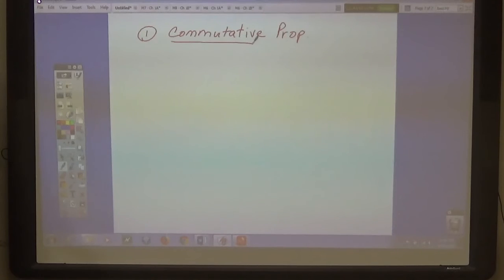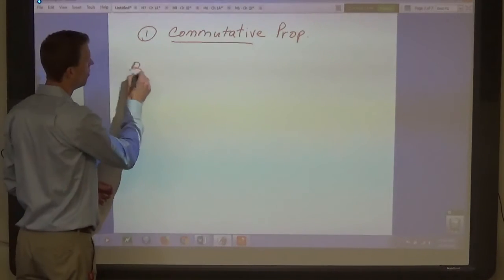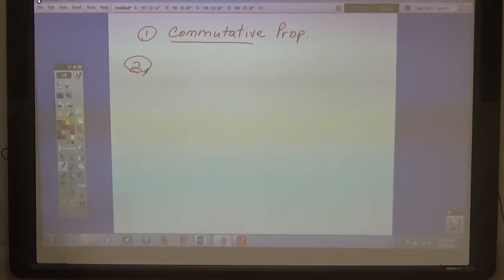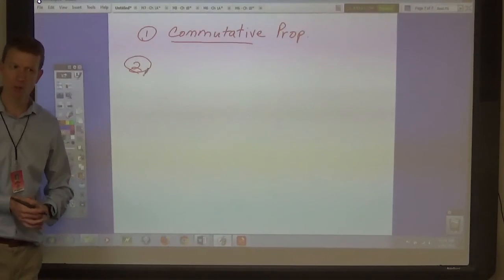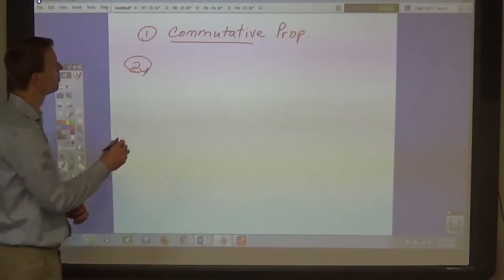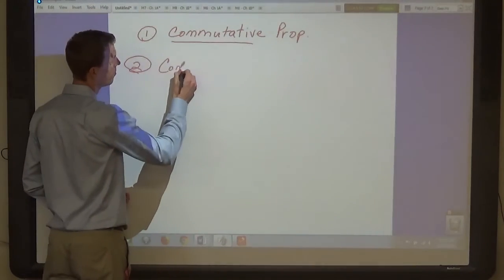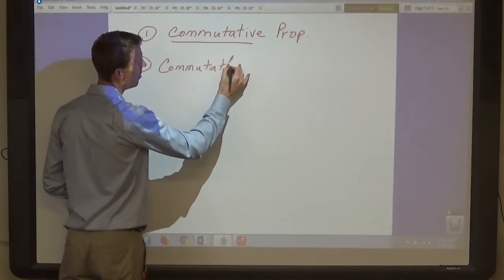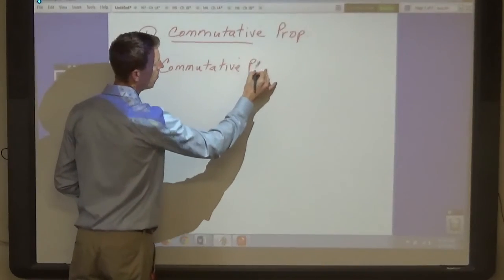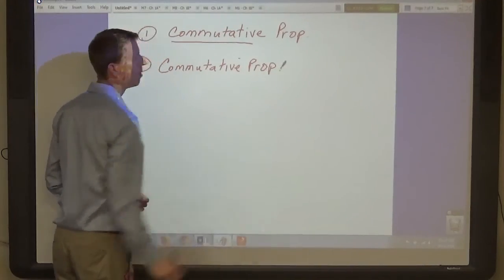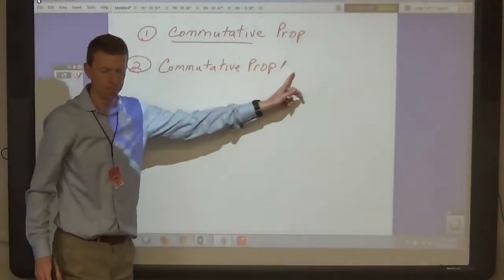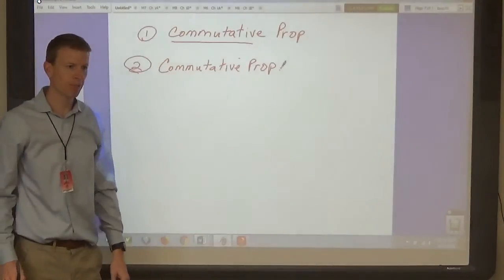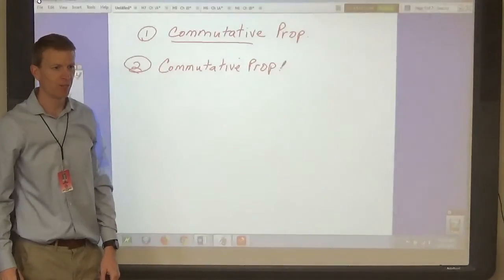So it says name the property shown, number 2. Which property is that? What property says that you can do 14 plus 10, or you can do 10 plus 14? Adam? Commutative property. Good. The commutative. And I'm going to let you use the abbreviation for property.